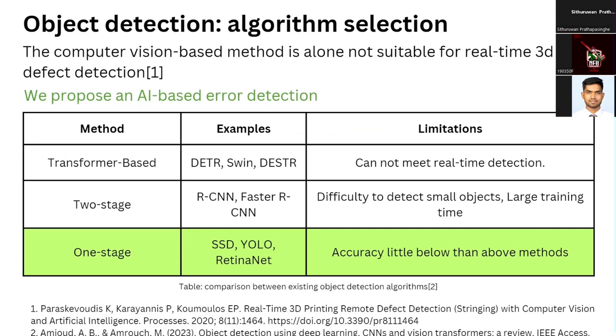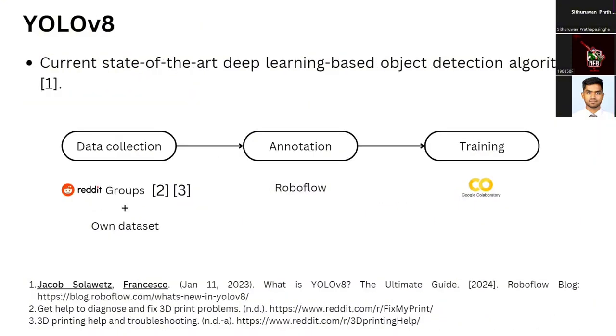YOLO V8 was suitable in both occasions. First, we collected the dataset from the internet and from the outside camera as well. For the outside camera dataset, we printed a lot of faulty 3D prints and got images of them.